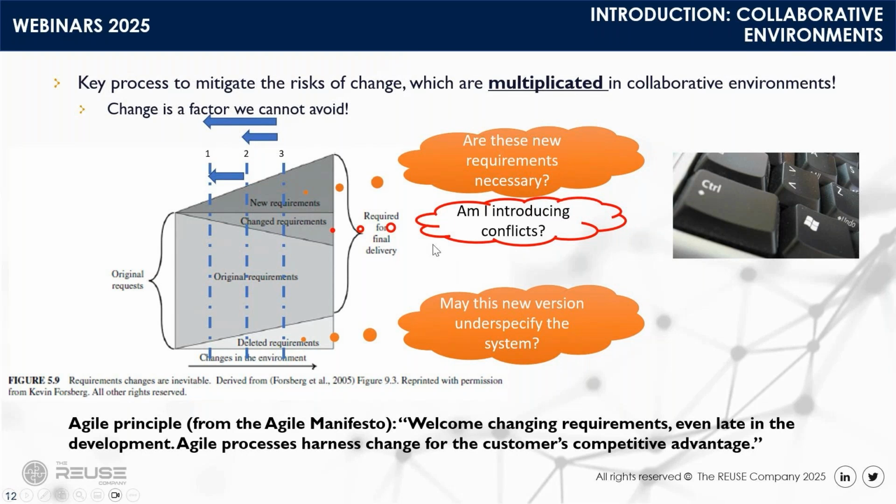And if we change requirements, we might end up with conflicts. If we look at what the agile manifesto principle says, we need to welcome changes, even late in development. That means change is something that creates opportunities, so we don't have to avoid change.